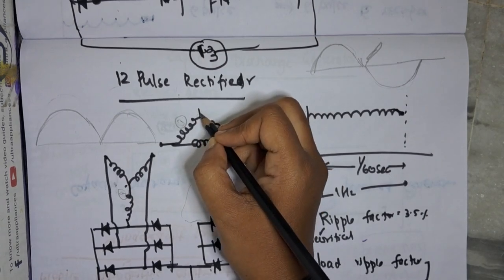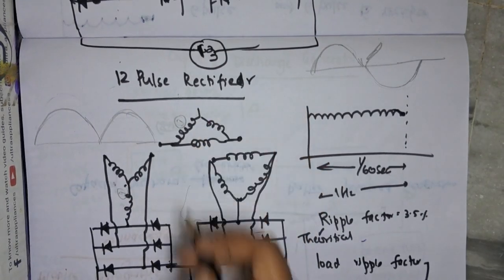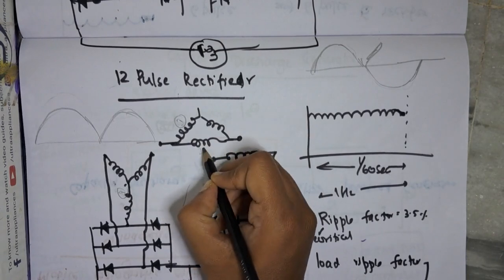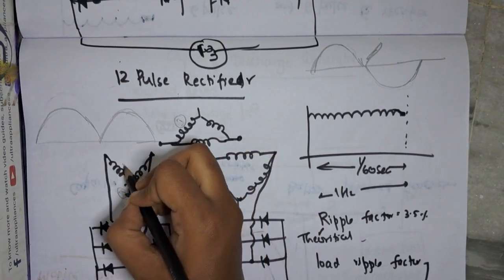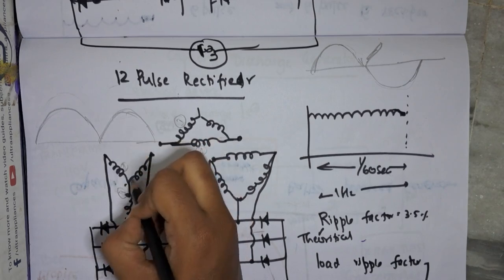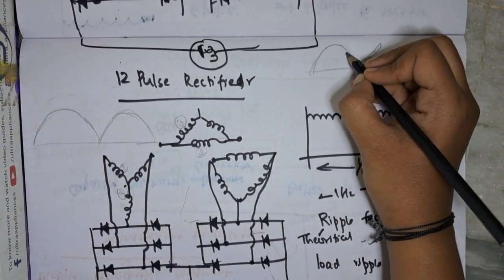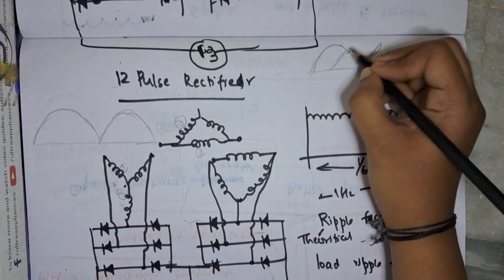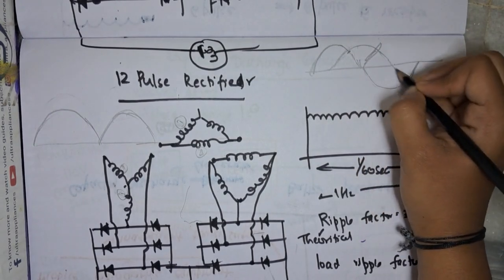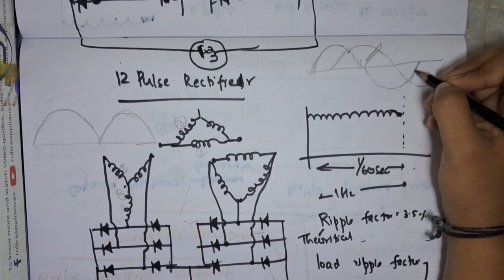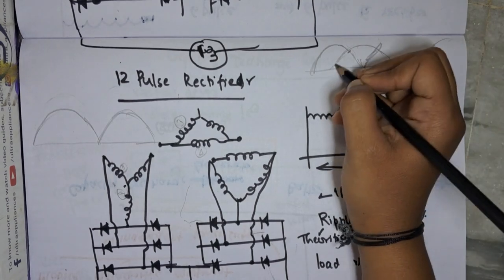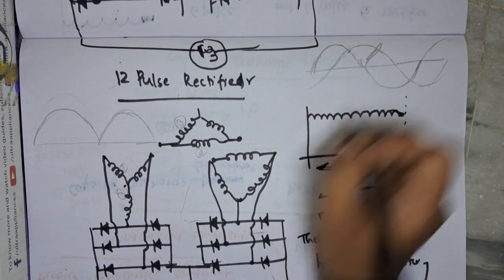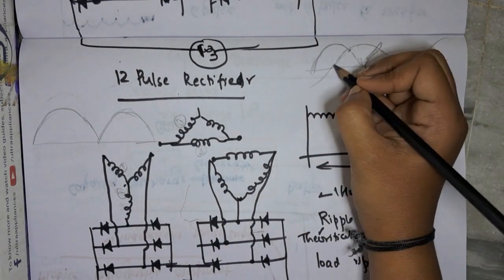Now from here, this is the secondary, the second circuit, this is the second phase. I am taking this part as the second phase. The second phase will lag almost 120 degrees from the primary phase. So this will be something like this. If I fill this part, this side, this is the secondary part, second phase.